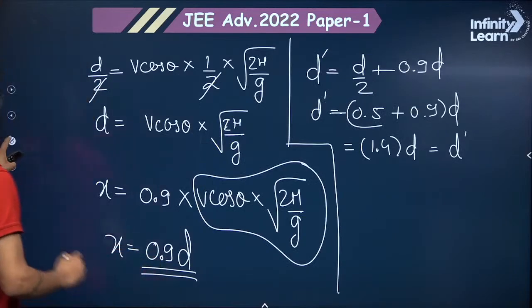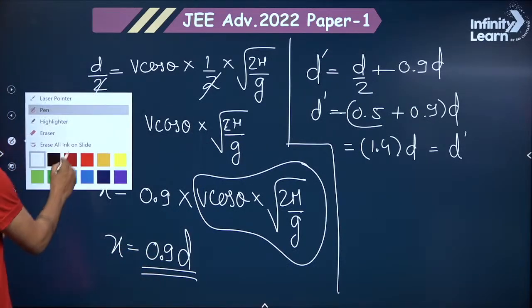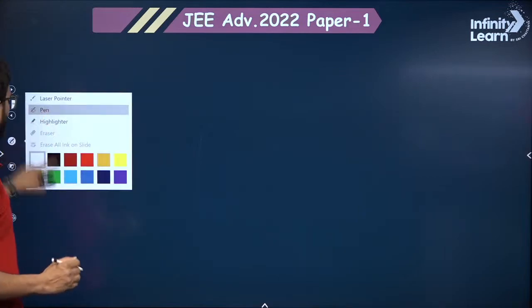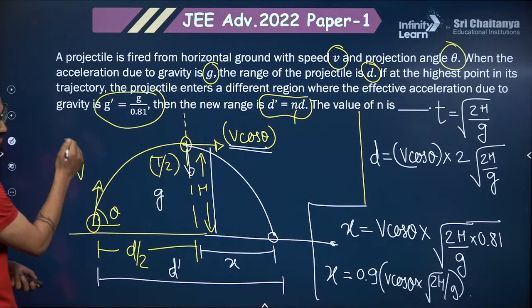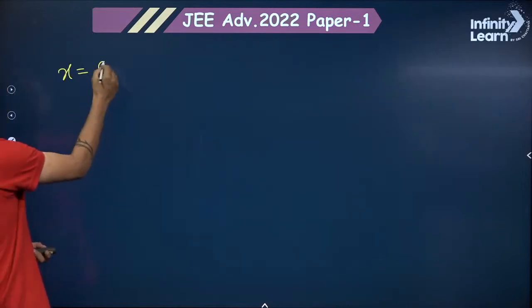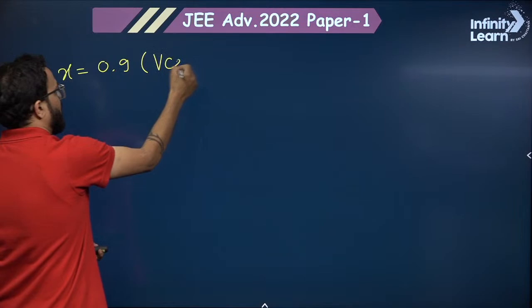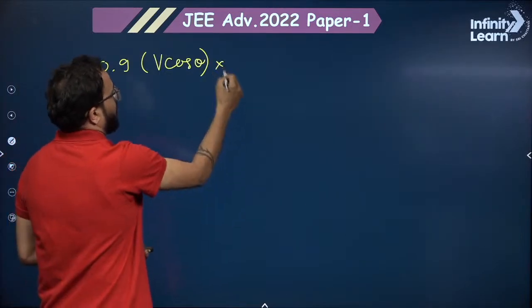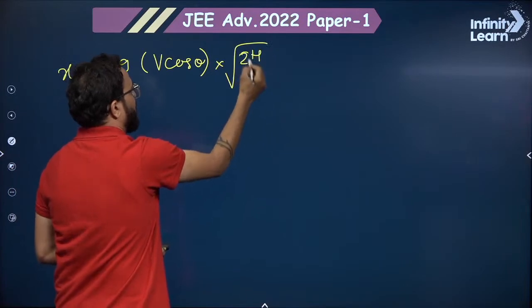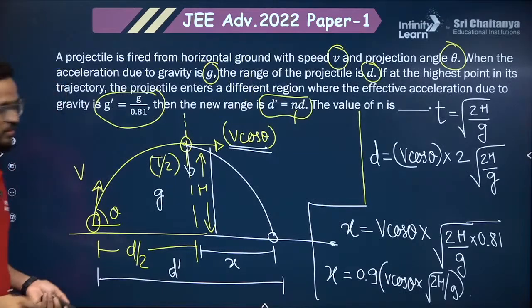So from here, let's start once again. So we can say that x is how much? X is 0.9 into v cos theta into root over 2h by g. And what is d?